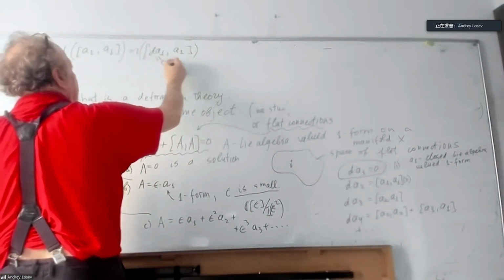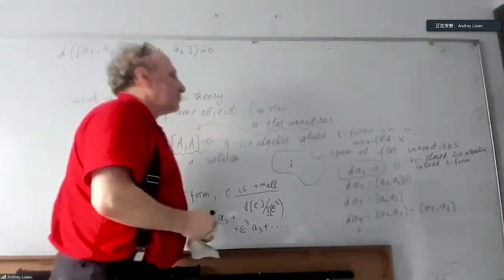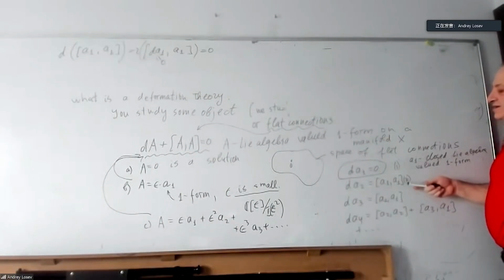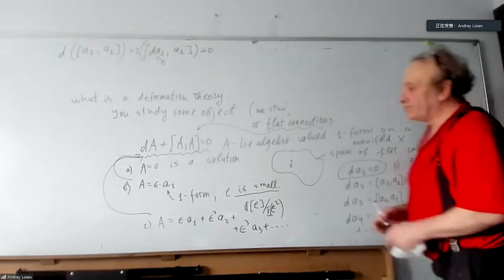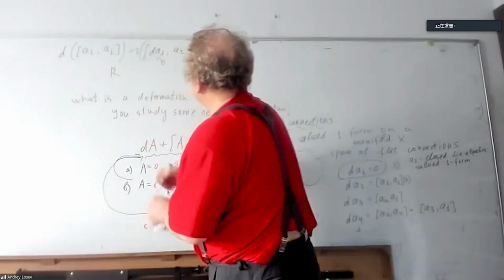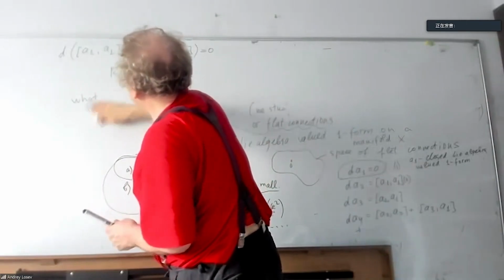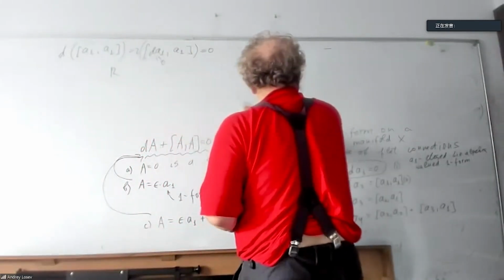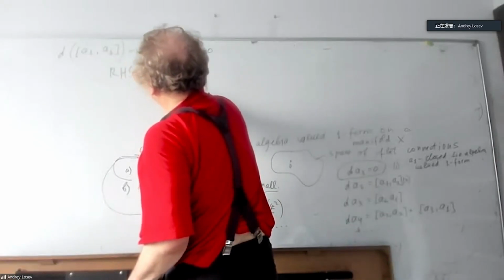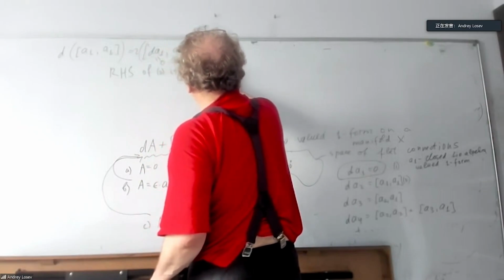So since this is 0, it is 0. So we conclude that the right-hand side of 2 is closed. The right-hand side of 2 is d-closed.